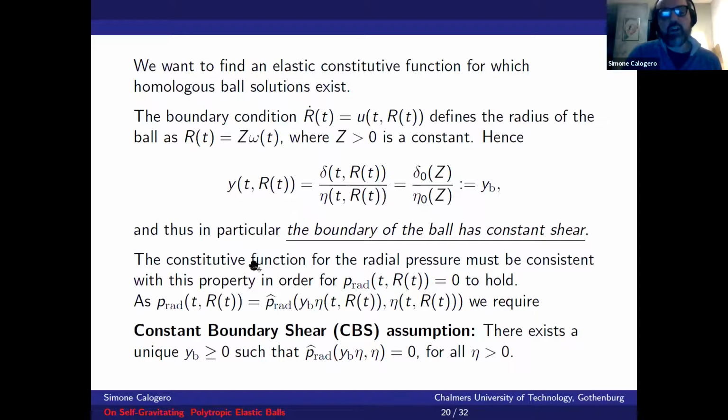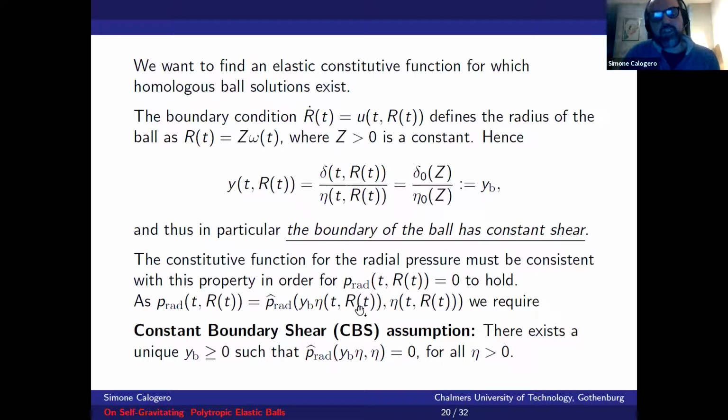And of course, then the constitutive function for the radial pressure must be consistent with this property if I want the other boundary condition to be satisfied. And so P rad at r(t) must be 0. But now P rad at r(t) is just, because at r(t) delta is y_B times eta, this has to be satisfied. So this has to be 0.